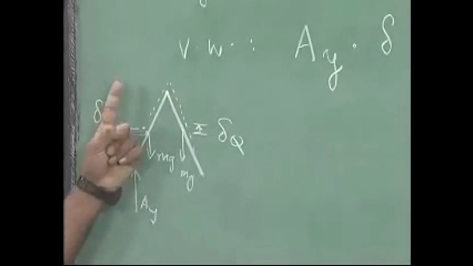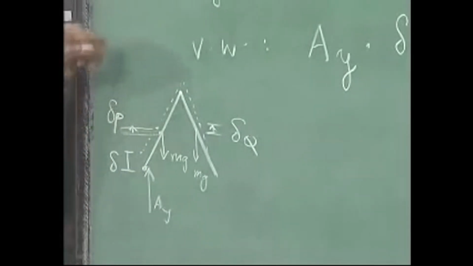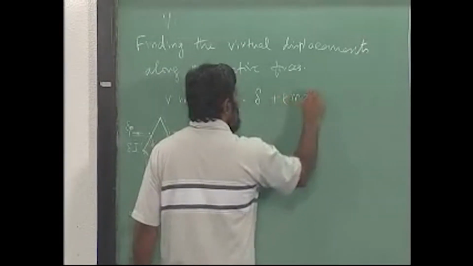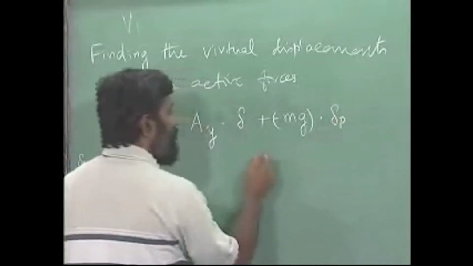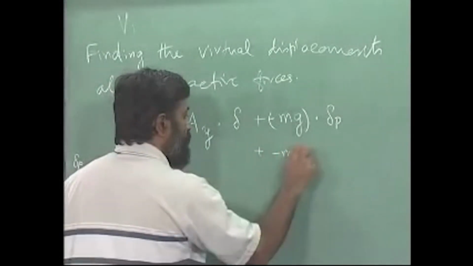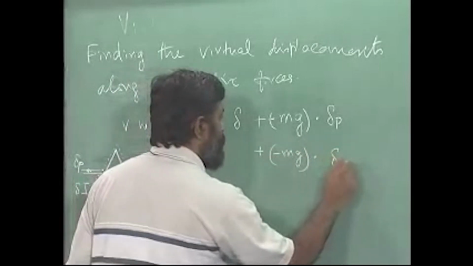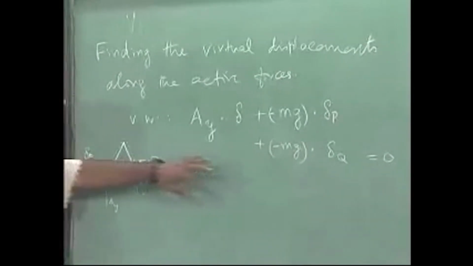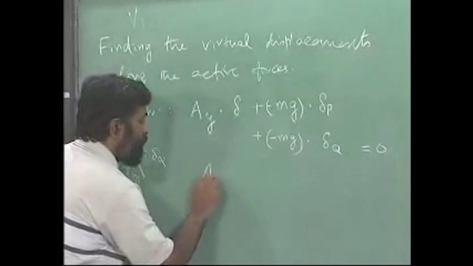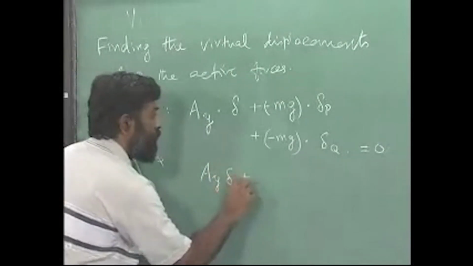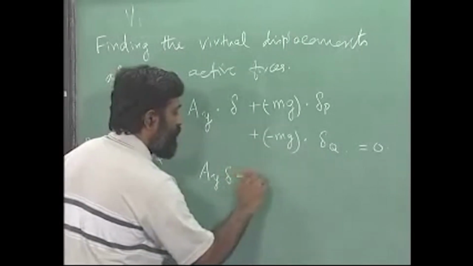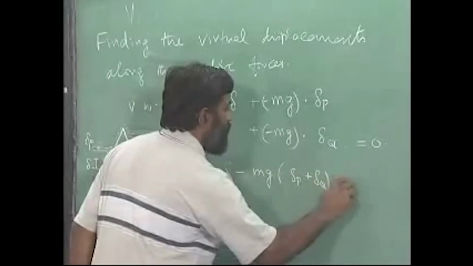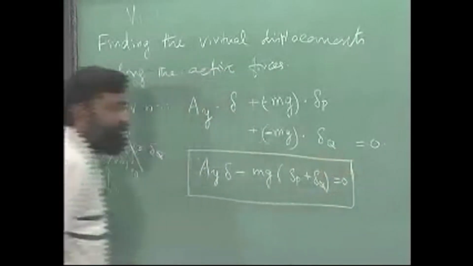Mind you, movement upwards, force downwards. So, I will have minus mg times delta p, similarly minus mg times delta q, and this should be equal to 0. And this gives me Ay delta minus mg times (delta p plus delta q) equals 0. This is the virtual work equation.